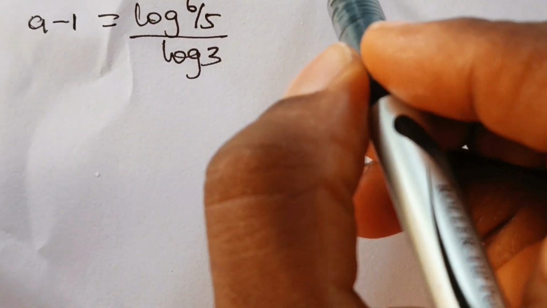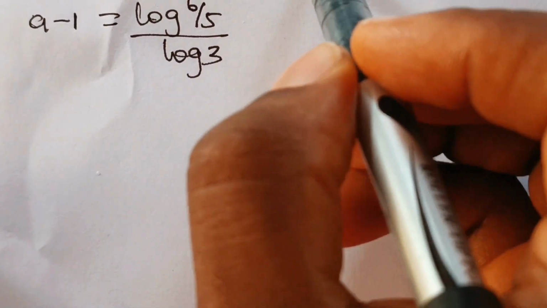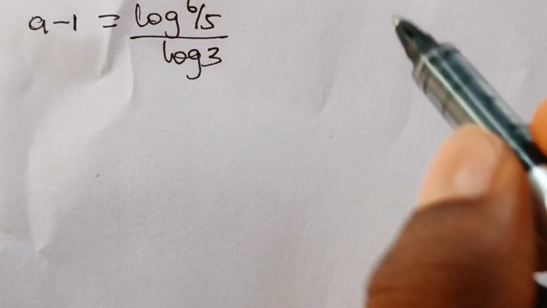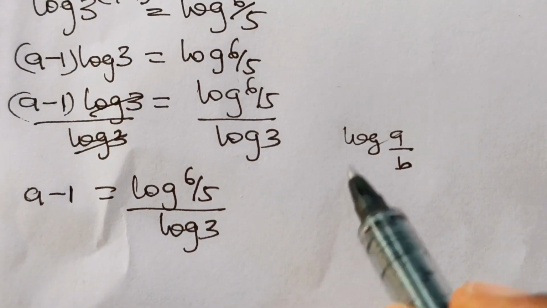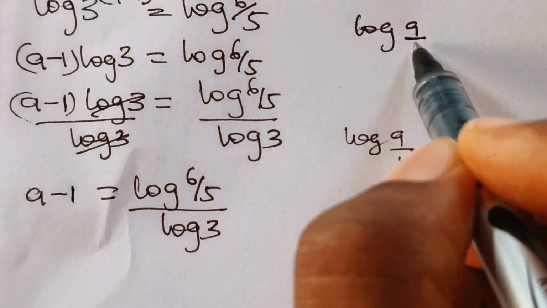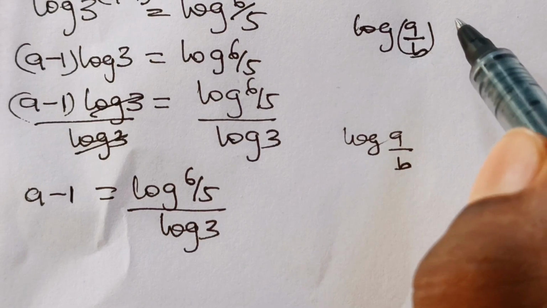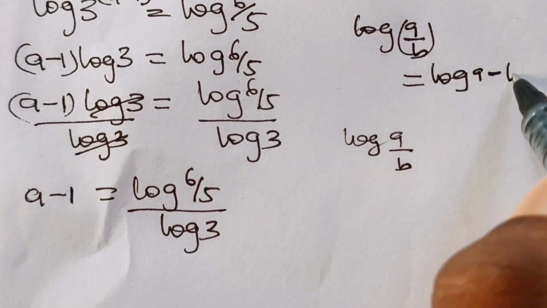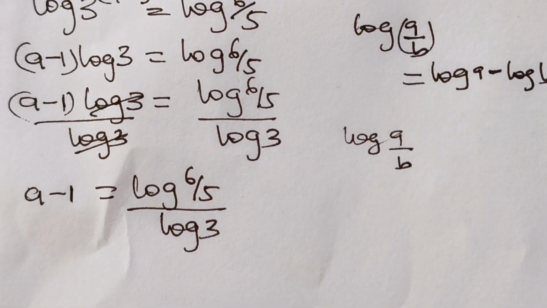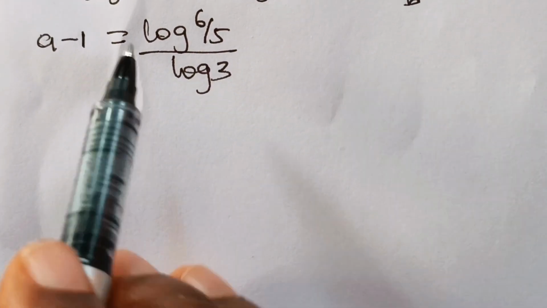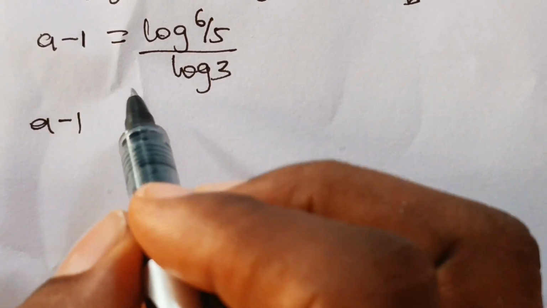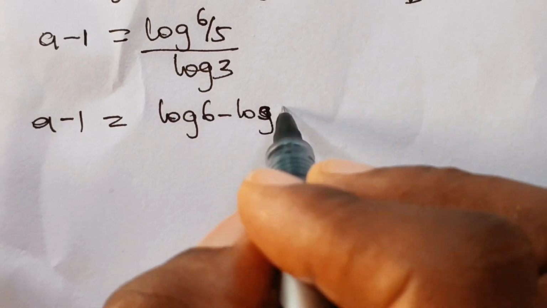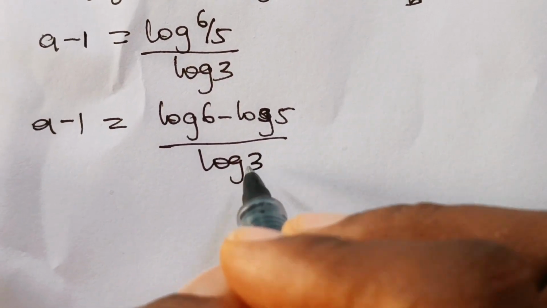Now recall another law of logarithms that states that log of a divided by b is equal to log a minus log b. That means we can rewrite this as a minus 1 is equal to log 6 minus log 5, divided by log 3.